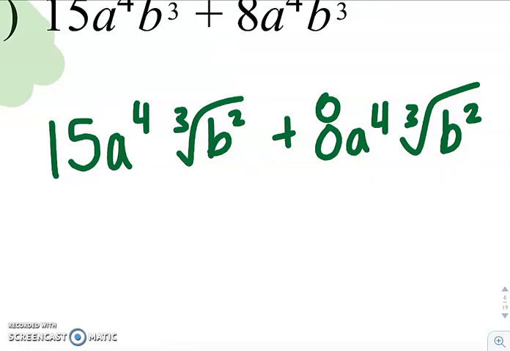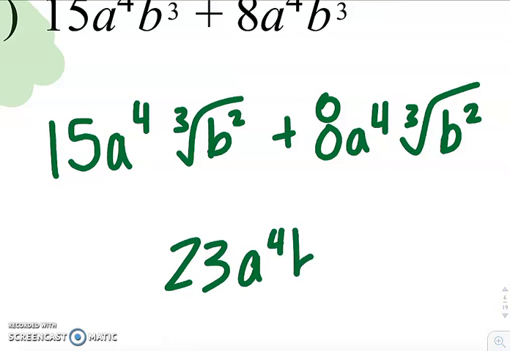But it's still the same idea. We're saying, as long as they're the same, a to the fourth times cubed root b squared, how many do we have? 15 plus 8 of them, 23. Just keep what was behind it, or attached to it, if you will.